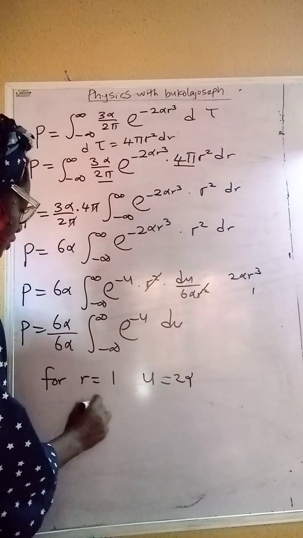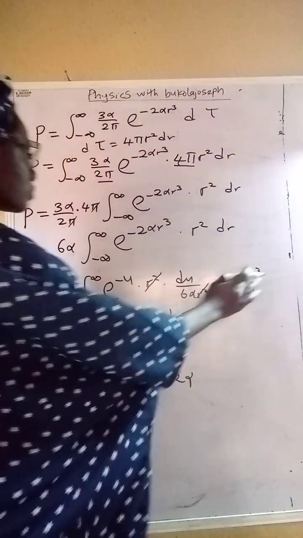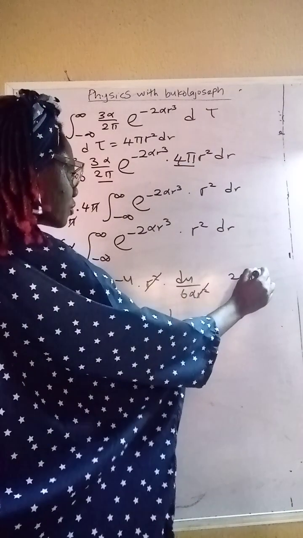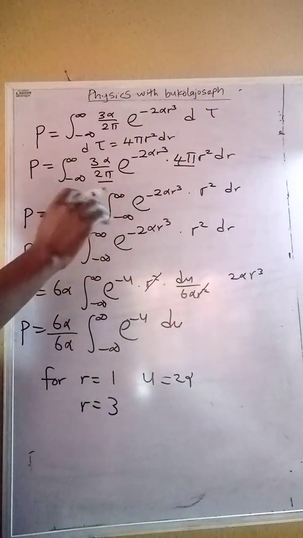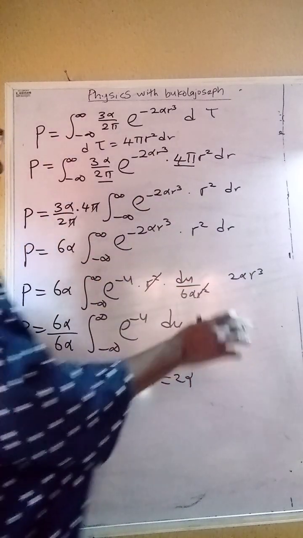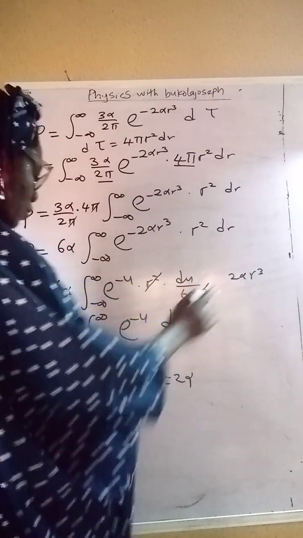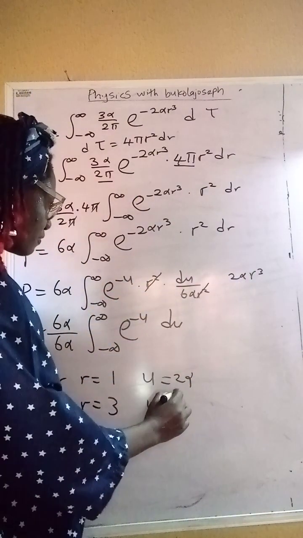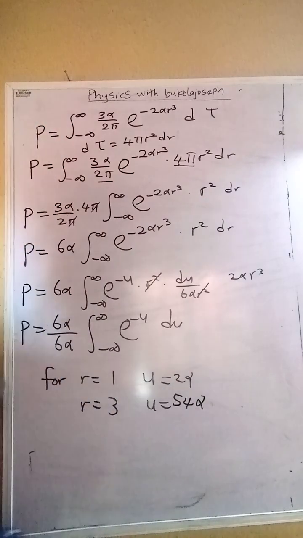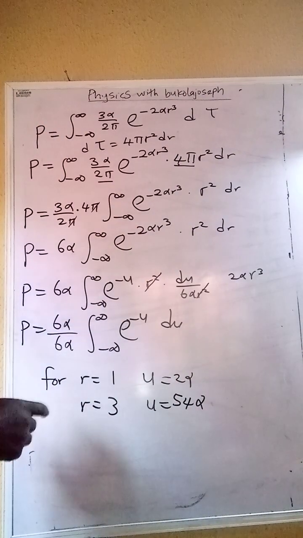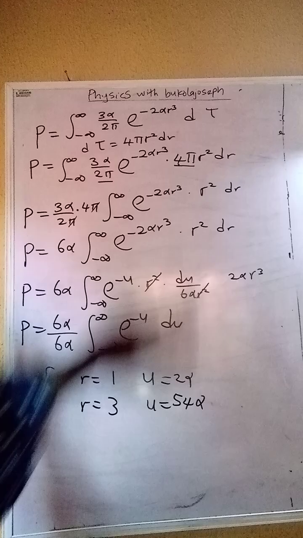Then for r is equal to 3, 3 times 3 is 9, 9 times 3 is 27, and 27 times 2 alpha gives us u equal to 54 alpha.